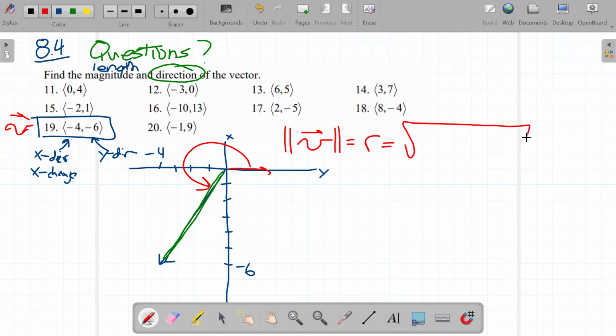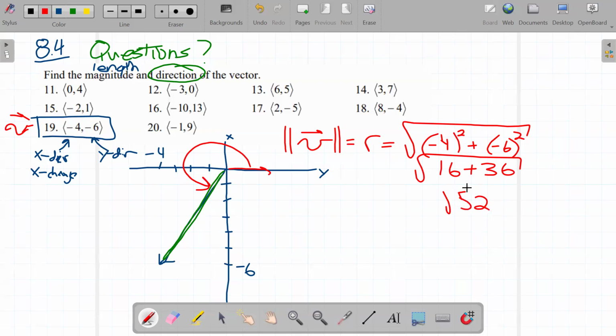So in this case, that's going to be the square root of the squares of -4 and -6. So 16 plus 36. That's going to be the square root of 52. Is it essential to write that in lowest terms?